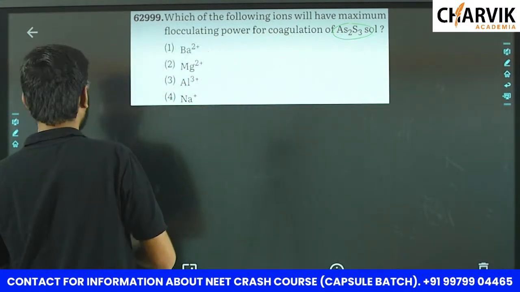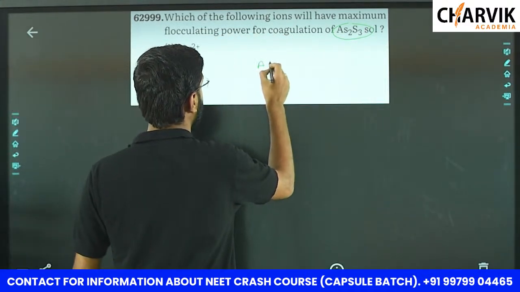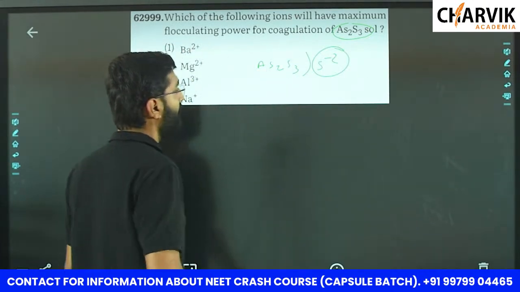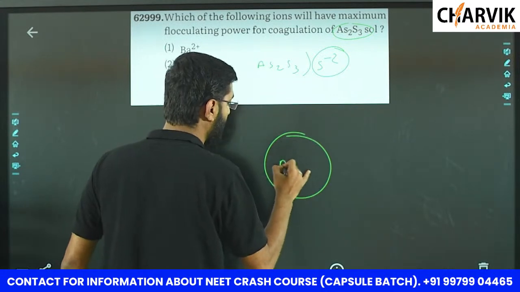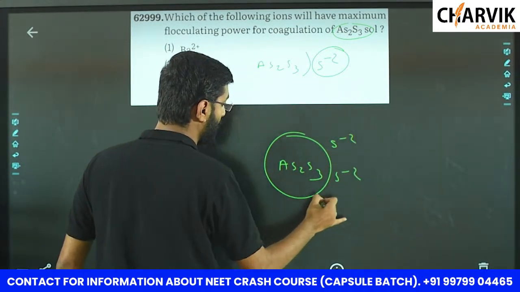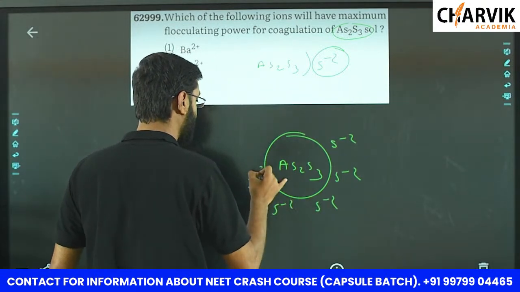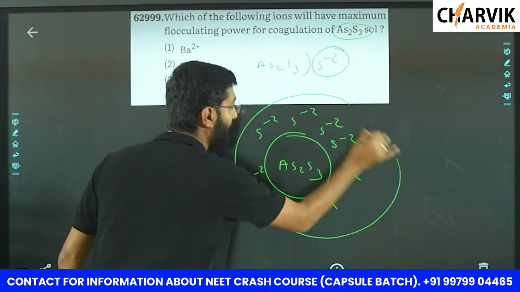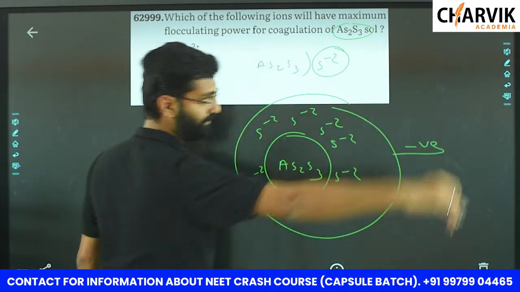Okay, according to the previous question, As2S3 is a negatively charged sol because on the surface of As2S3, S2 minus is adsorbed, so the charge on this colloid is negative.